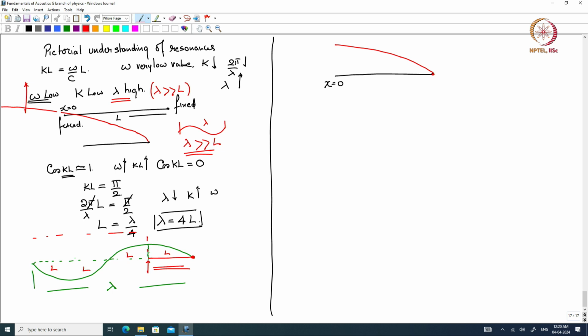The frequency is such that the maximum amplitude occurs at the driving point.